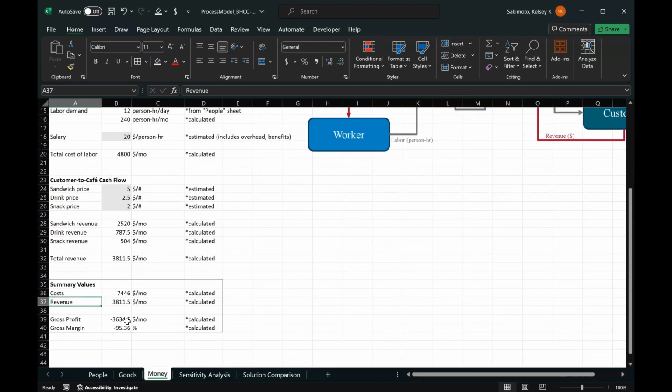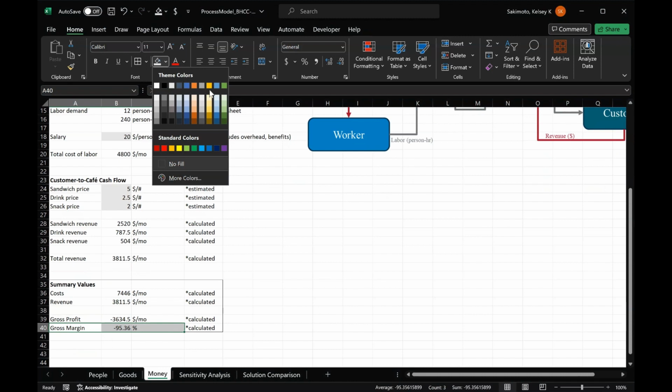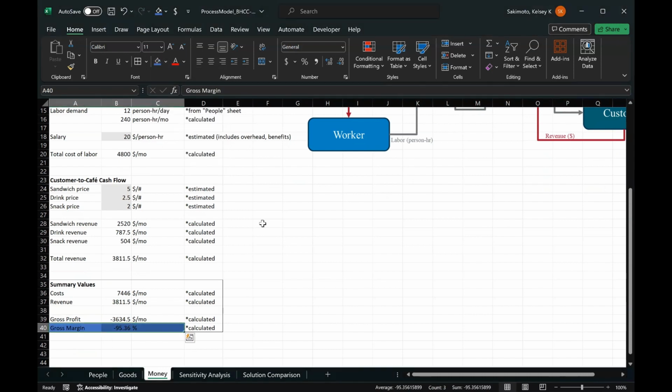We balance these out, the difference giving us our gross profit and the relative percentage giving us this gross margin, this major KPI, which we'll highlight because it's very important, that indicates how well this business is doing and what we're looking to optimize.